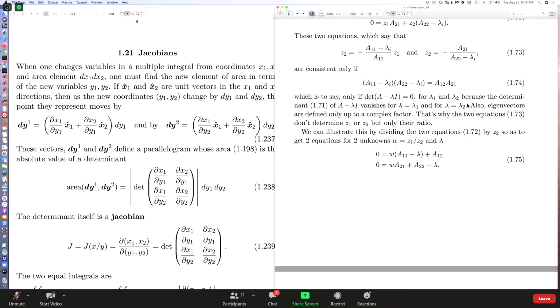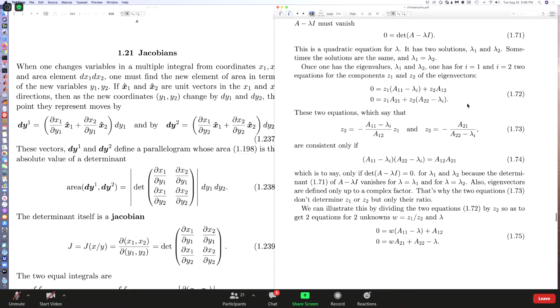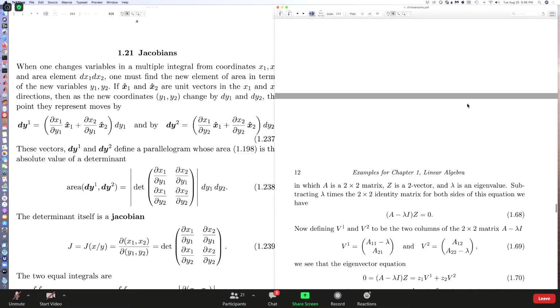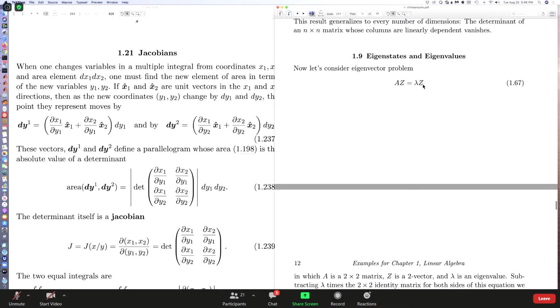Notice, however, that the eigenvectors are only defined up to an overall complex number. The reason is that if we have one eigenvector z that satisfies this equation for a particular eigenvalue lambda, we can multiply both sides of the equation by c, where c is any complex number, and we see that cz is an eigenvector of the matrix A with the same eigenvalue lambda.